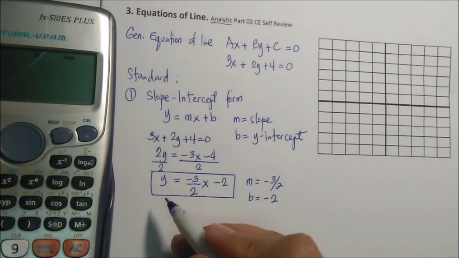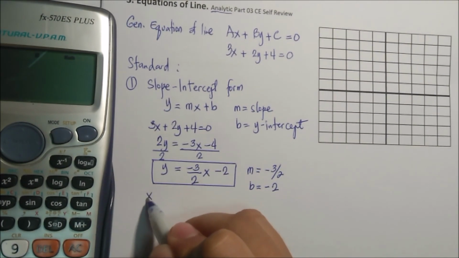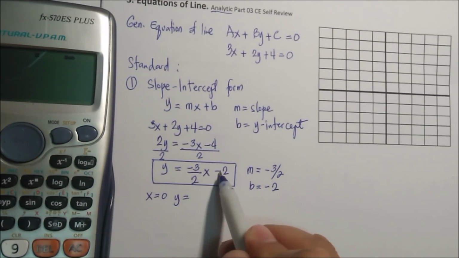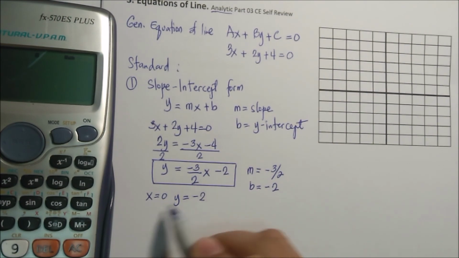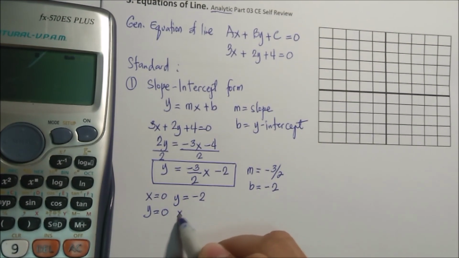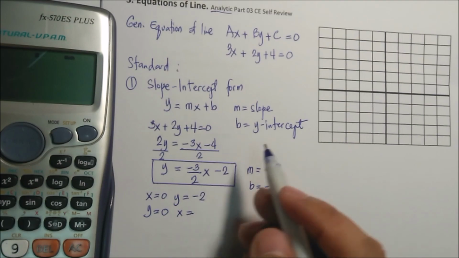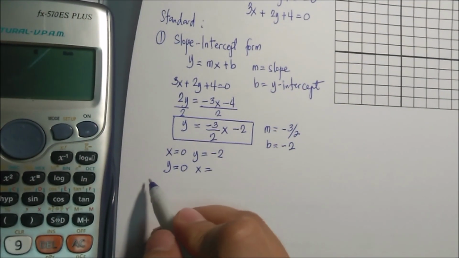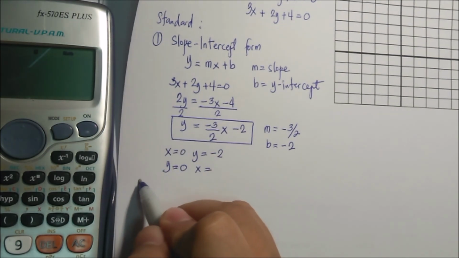If x equals 0, the value of y is negative 2. If y equals 0, what is the value of x? Then we have to resolve. Transposing negative 2, it will become 2.